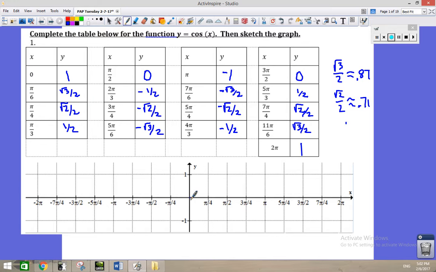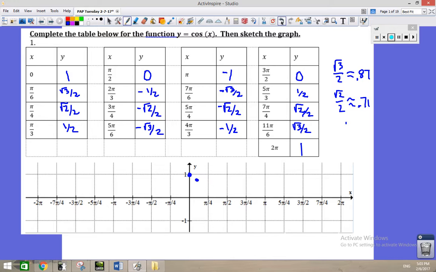So when x is 0, y is 1, so I'm passing through here. At pi over 6, I'm between 0 and pi over 4. Say I'm right here. And at radical 3 over 2, 0.87, I don't know, say I'm right there. At pi over 4, radical 2 over 2 is about 0.7.